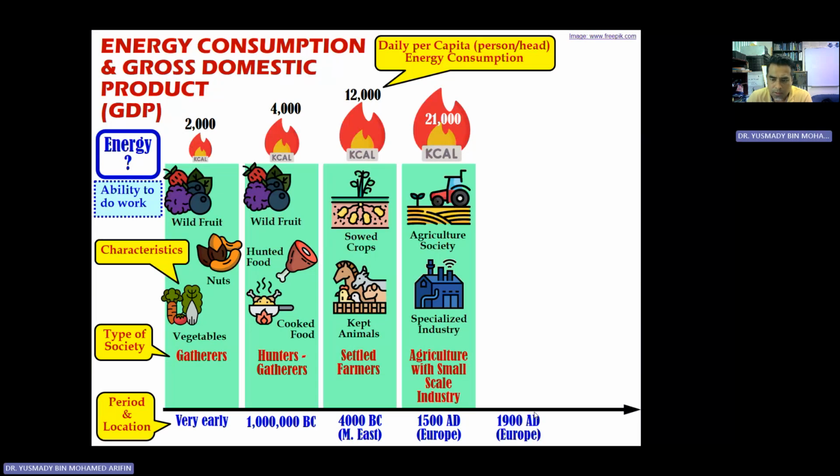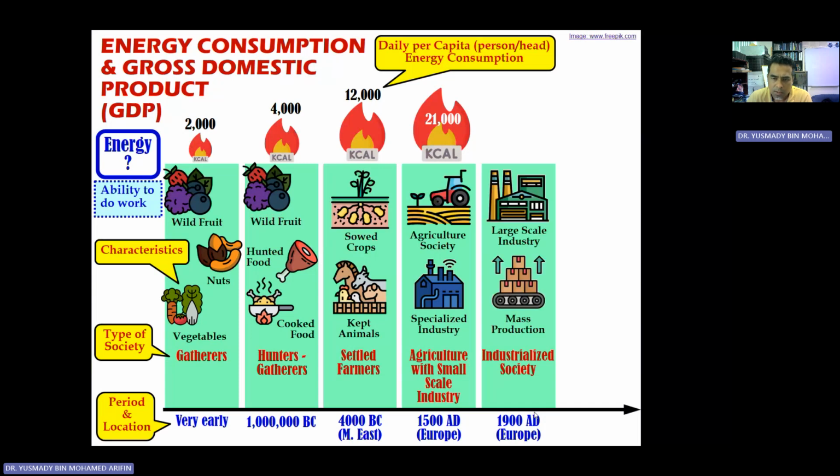Okay, in 1900 AD, also in Europe, they started to have an industrialized society, where they had large scale industry and could do mass production of products from the industry, and around 90,000 kilocalories were consumed per day per person.